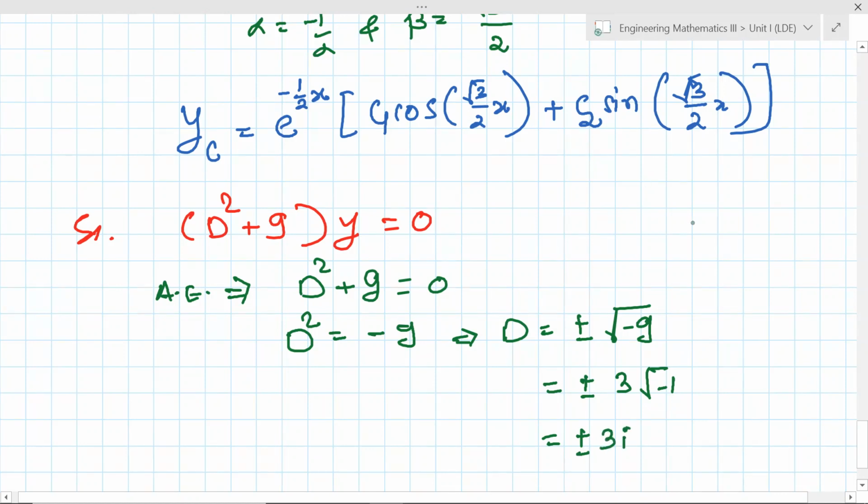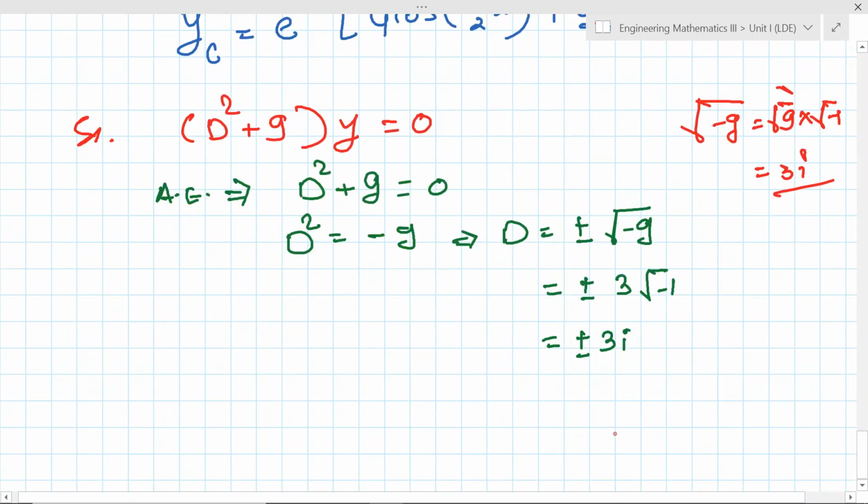Root minus 9 can be written as root 9 into root minus 1. The square root of 9 is 3, and root minus 1 is i. That's why I have written 3i.